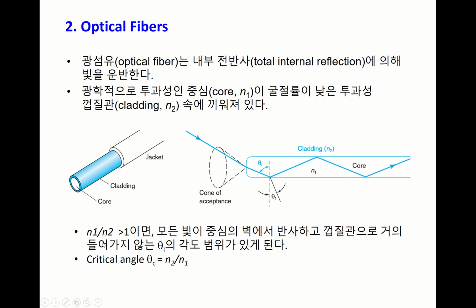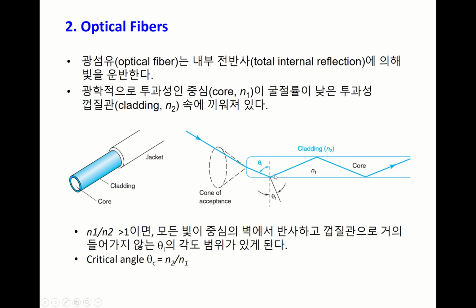If n1 over n2 is greater than 1, then all light is reflected inside the core, and the refracted light intensity is extremely small. There will be an angle for this condition.